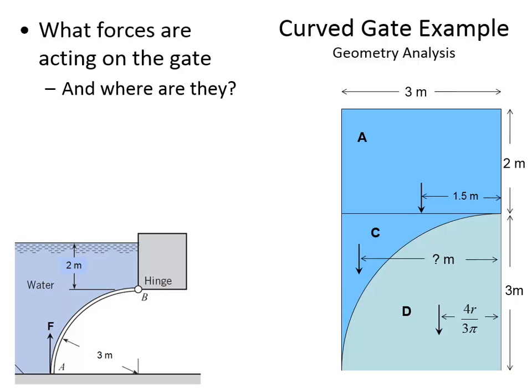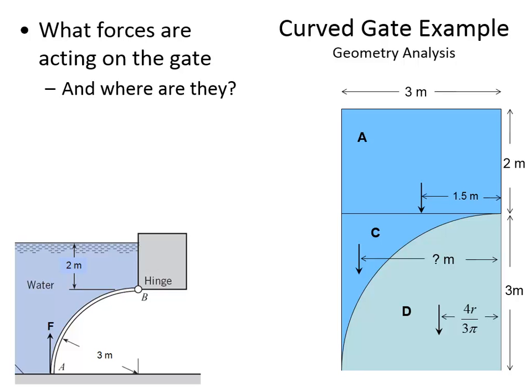So the force due to element A is 235,440 newtons. Now, by inspection, we can tell that it's located at 1.5 meters from the edge, from B. So it's 1.5 meters from here to the location of where that force is centered.